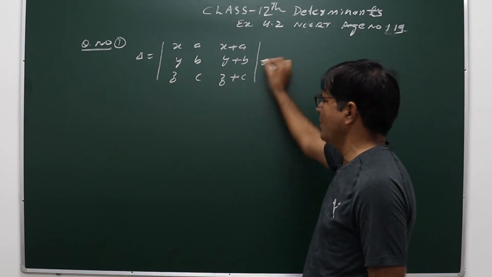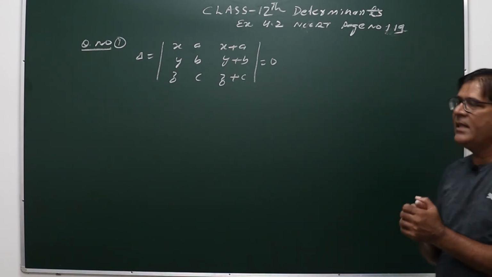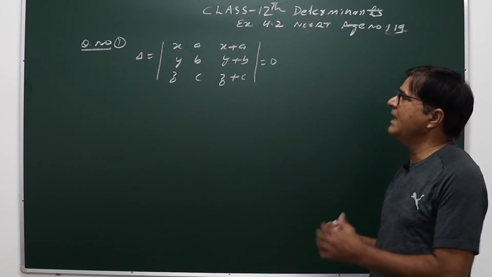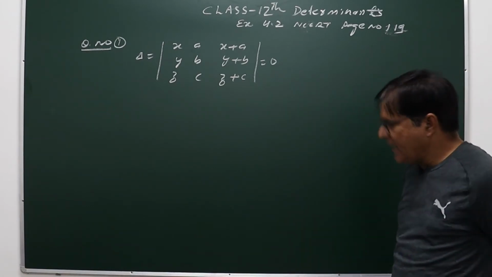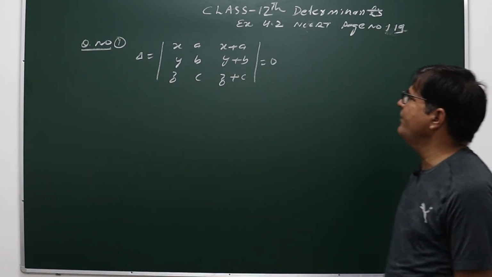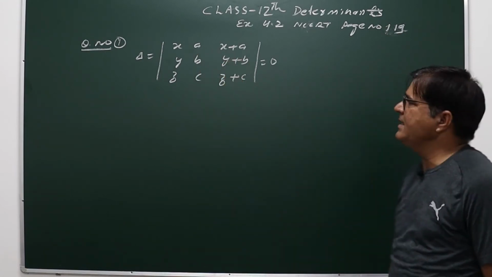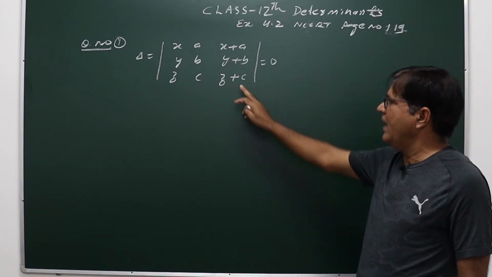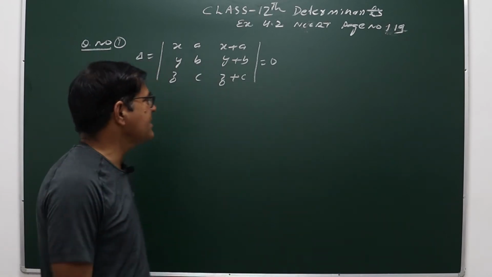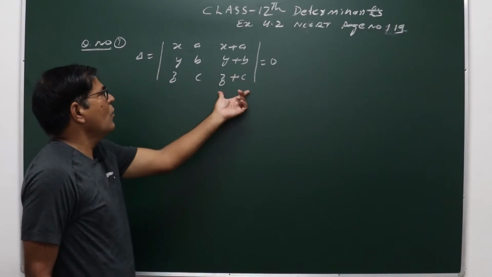So whenever we have to prove any given determinant, first of all we have to see what we have to prove. On the right hand side the result is 0, and in the properties of determinants we learn that if any row or column of a given determinant is expressed as the sum of two elements, then such a determinant can be expressed as the sum of two determinants with respect to that row or column.